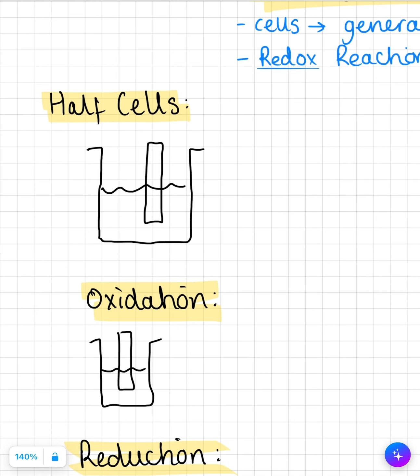So let's take our zinc and our copper sulfate. We are going to use a zinc rod and a solution of zinc sulfate. This is going to be an equilibrium of the ions and the zinc foil or zinc metal electrode.